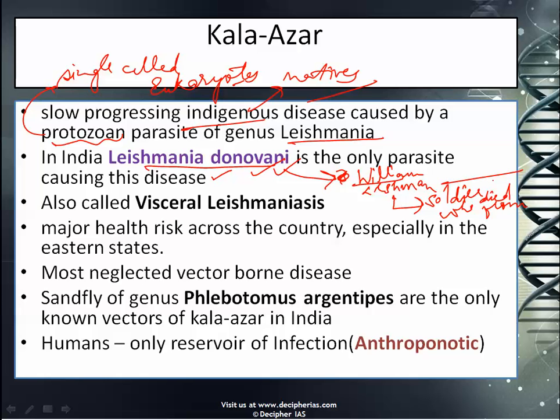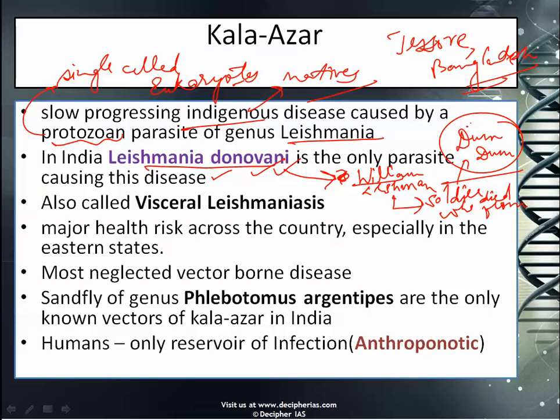Fine. First of all, it was identified in Jessore, Bangladesh, and this soldier died in Dum Dum. So it is also called Dum Dum fever. Dum Dum fever. Fine, you should remember that.